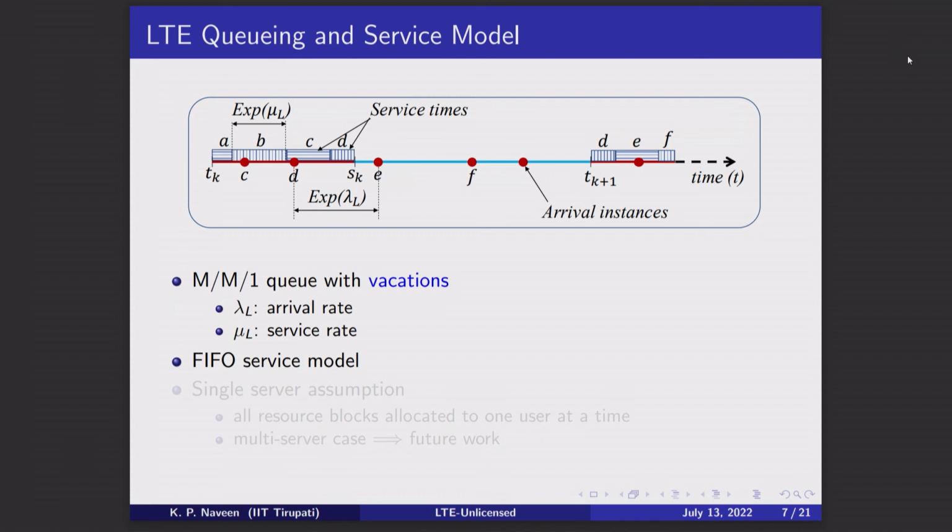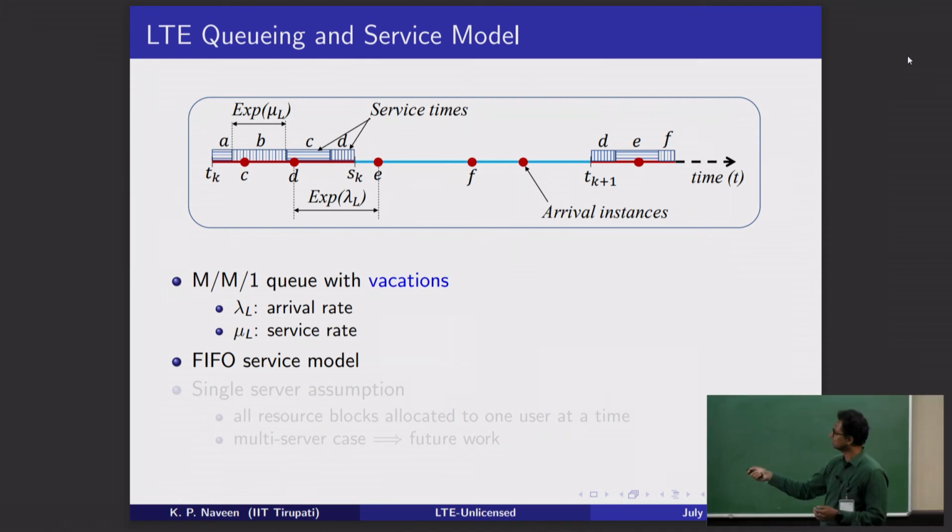It was serving packet D, but then it has to stop here because Wi-Fi will start transmitting. And now during this time packets can arrive. These are the LTE packets which are arriving here. And then again at this instant Wi-Fi will go off because LTE will start transmitting.